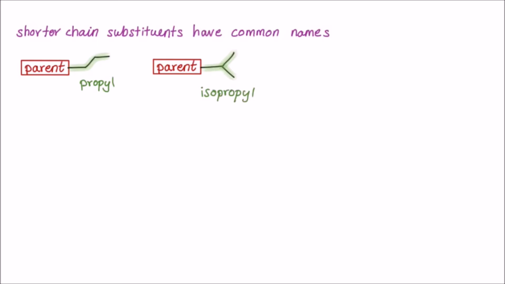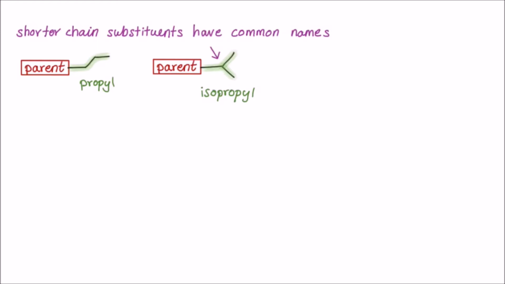And the first substituent is called propyl, we know that, and the second substituent here is called isopropyl. That's new, right? So if 2 methyl groups are attached to a carbon that has a hydrogen, we call that iso. Okay, if you look at this carbon right here, it has 2 methyl groups and a hydrogen, so we call that iso.